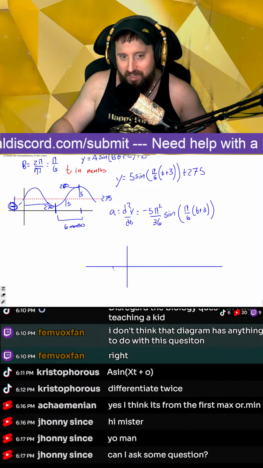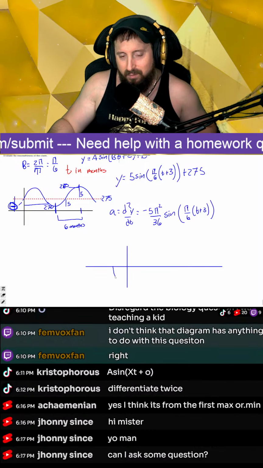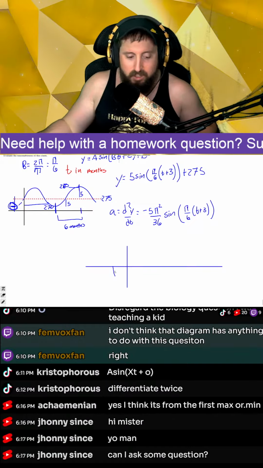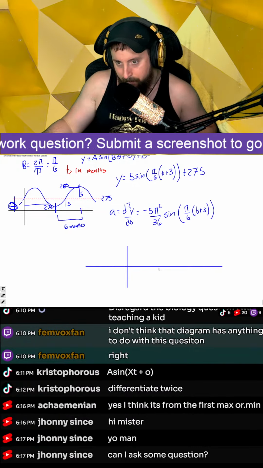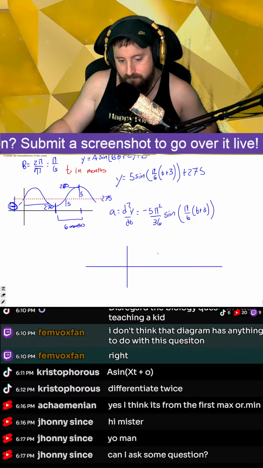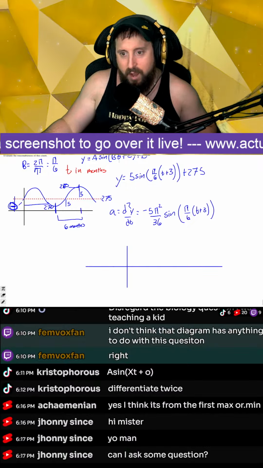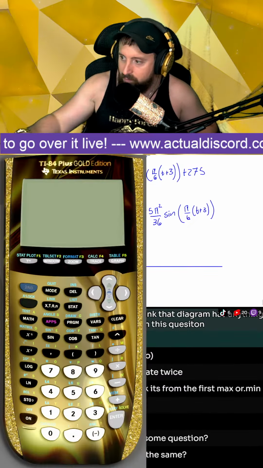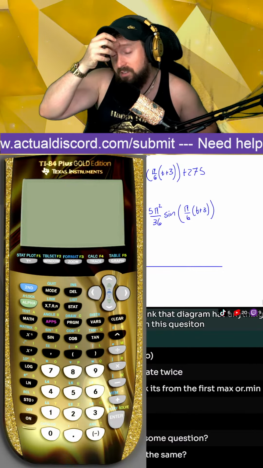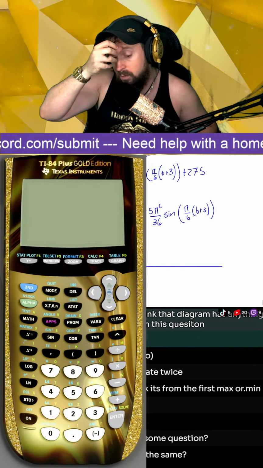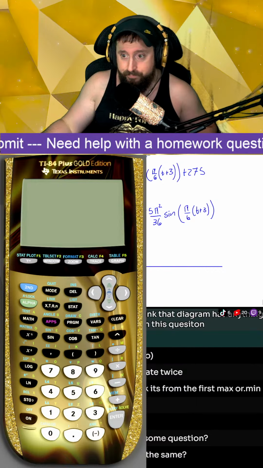Okay. So it's negative sine, but then it's back. Okay, so it's like this. There's a website down there to ask questions. Okay, this is where I'm going to use a calculator to do this, because I think it's cool to do it this way. t plus 3 stays the same? I think so, right?